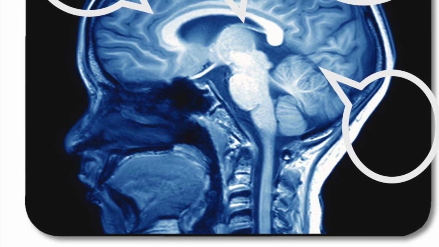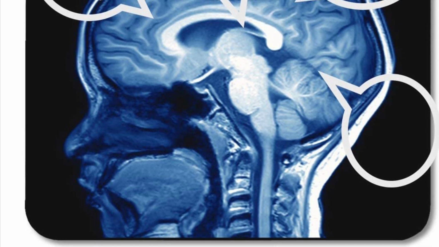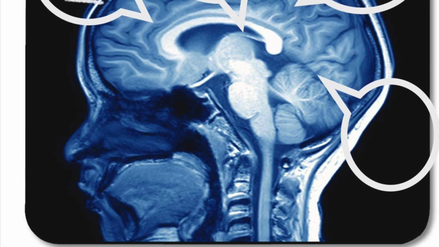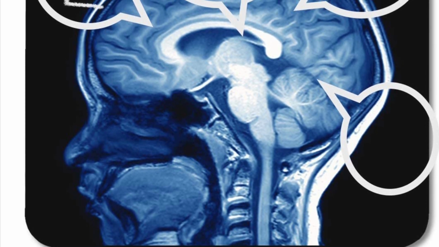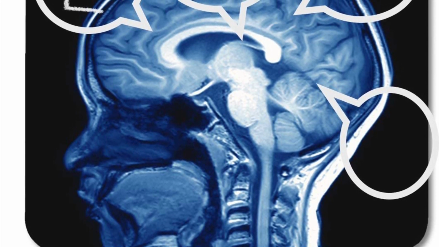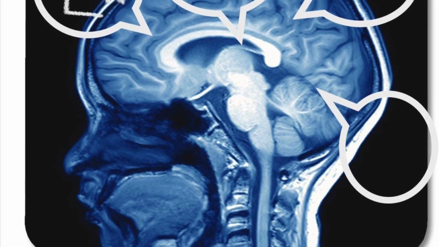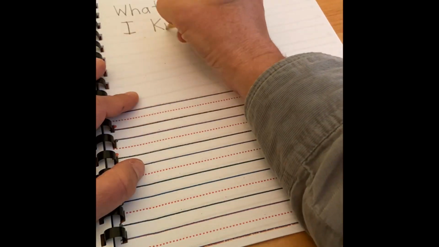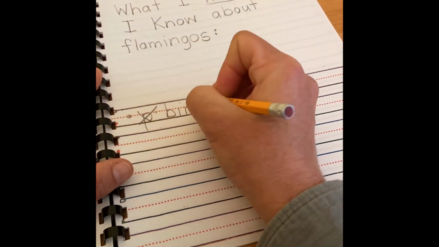I'm going to model this for you in the rest of this video using an example of a researcher who is studying flamingos. This is what I've already done in my research.